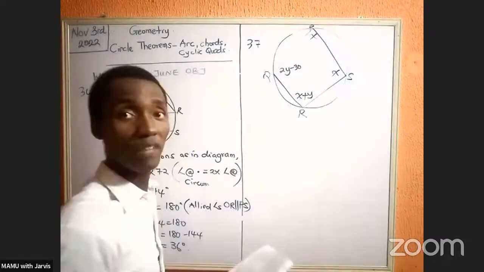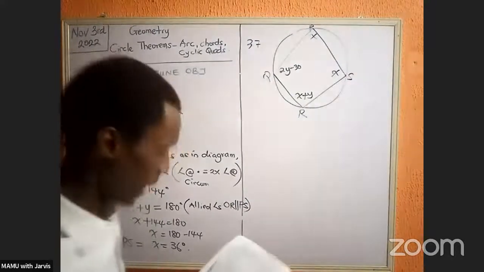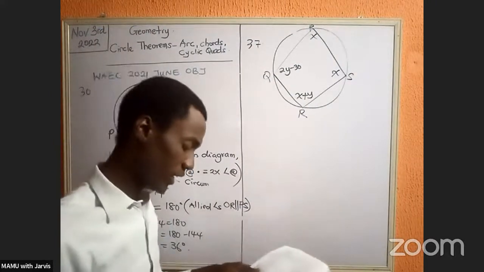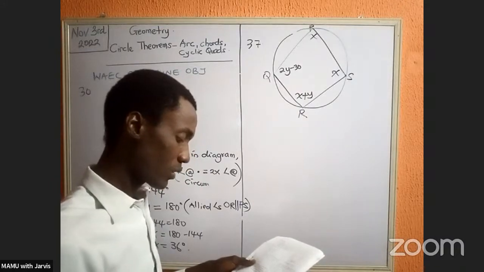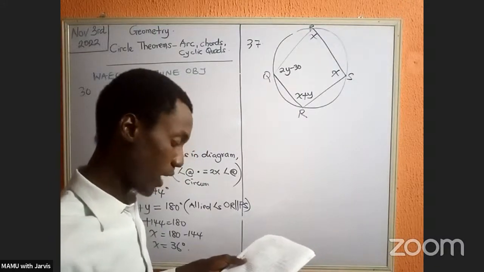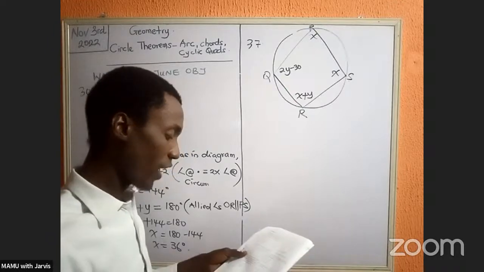In the diagram, PQRS is a circle. Find the value of x.